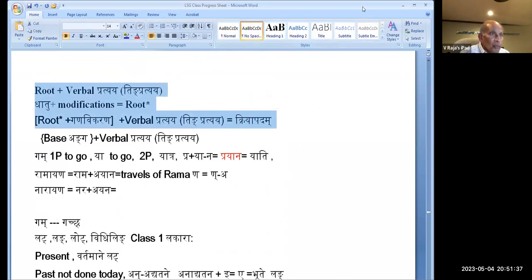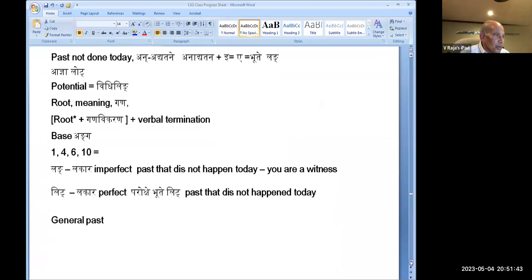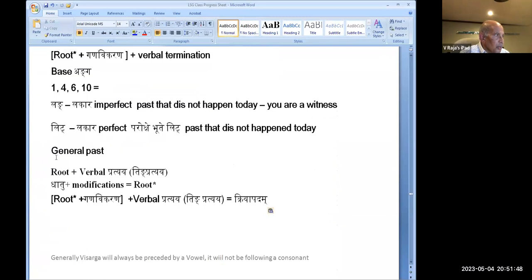We are doing it for the 1, 2, 1, 4, 6, and 10 ganas. Other ganas are a problem. So take a root and modify the root. If it is modified, like gum becomes gacha, pa becomes piba, drush becomes pashya, and add the verbal pratyaya, in this case, the lung pratyaya.